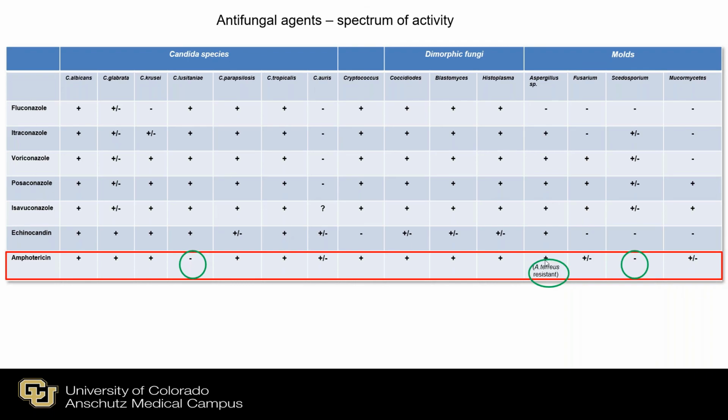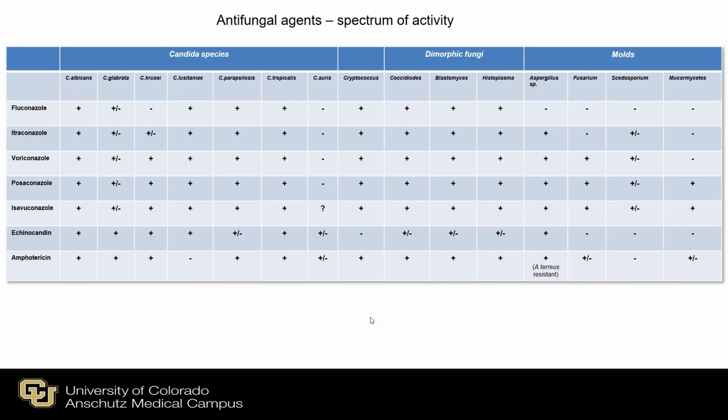Usually we go with an echinocandin or azoles. Aspergillus terreus is also inherently resistant to amphotericin, and Scedosporium and Lomentospora are also resistant. So if somebody's on amphotericin, these are the fungal pathogens that can break through even on amphotericin.